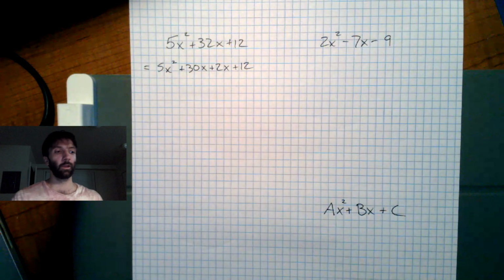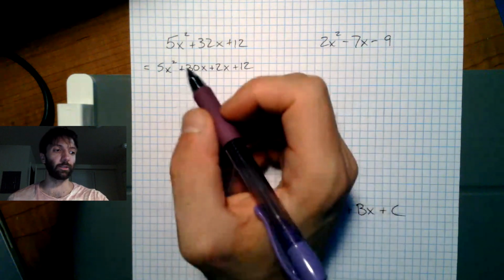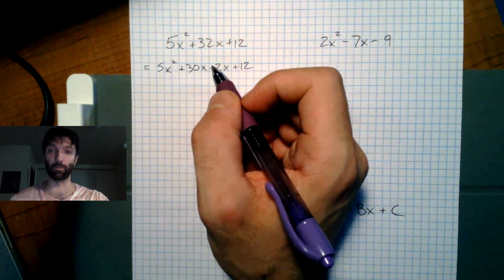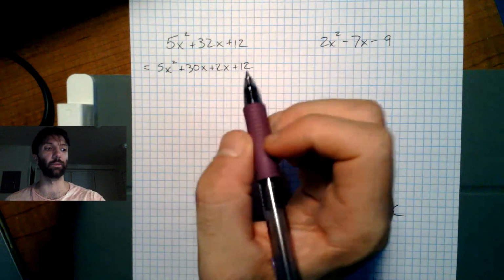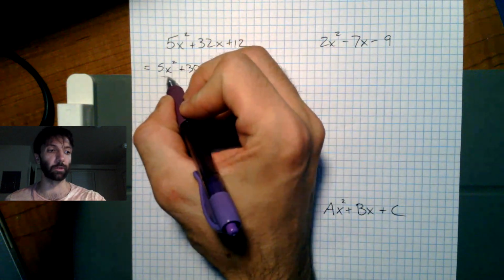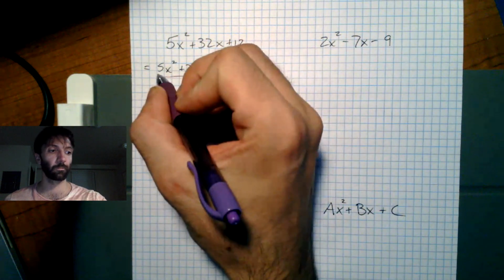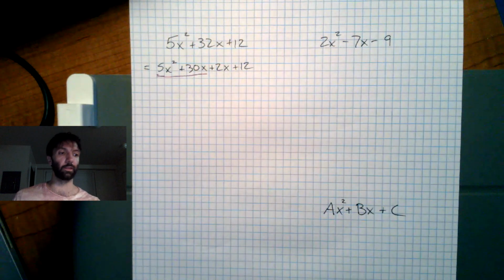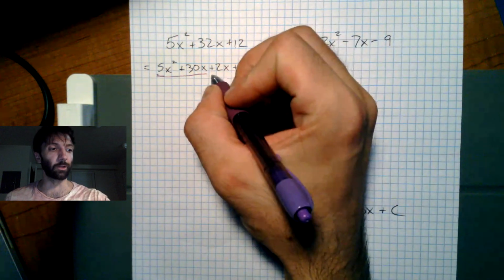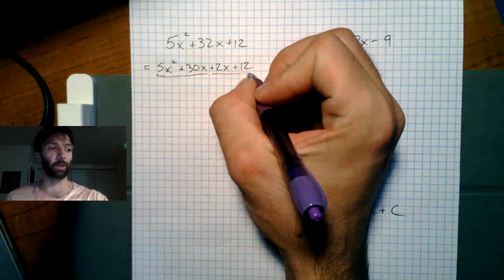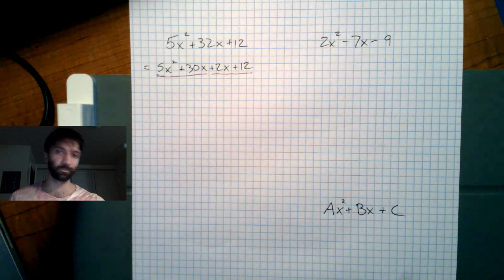This method is called factoring by grouping, and this is why it's called that, because now we're going to treat this in two separate groups. We treat the 5x squared plus 30x as one group, and the positive 2x plus 12 as a second group.